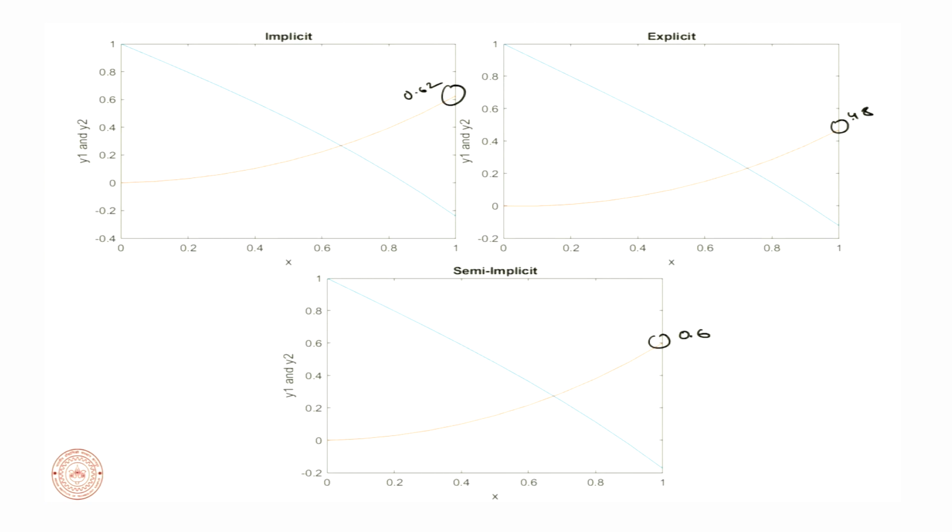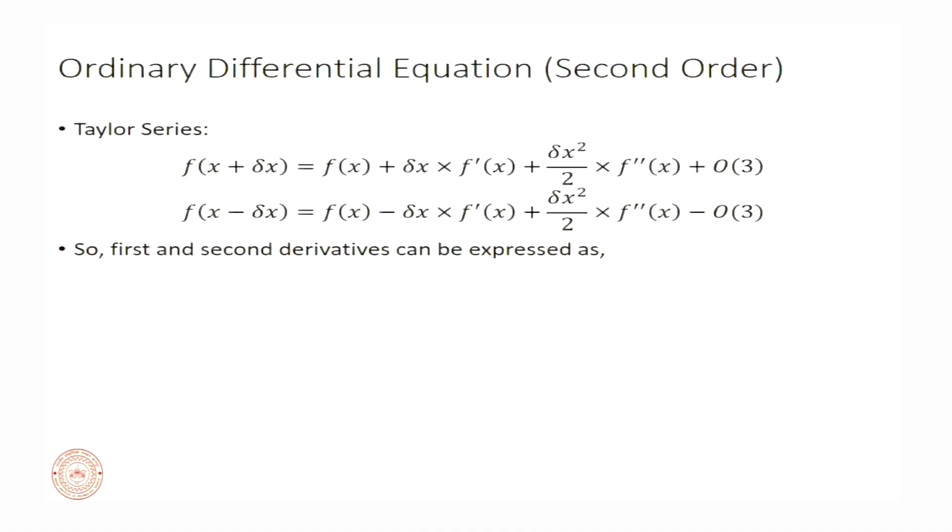So, it depends on if you want to make explicit more accurate, you have to minimize your time stepping, that is you have to make your dt smaller. Okay. If you want to solve second order ordinary differential equations, then you have to do the second order derivative with respect to Taylor series.